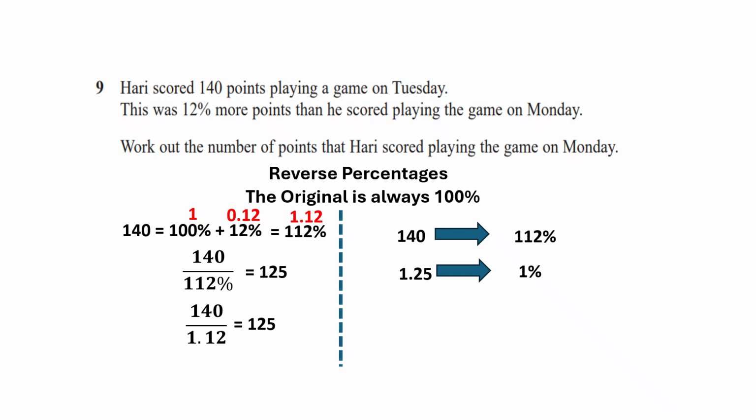So I divided both by 112. Now to find 100%, I multiply both by 100. 1 times 100 is 100%, and 1.25 times 100 is 125. And that's 3 marks.